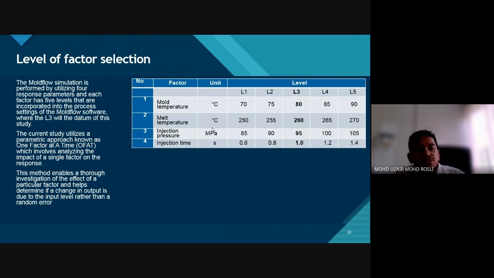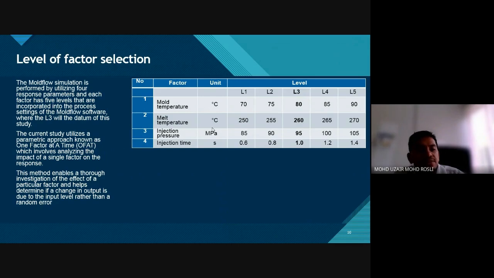So this study will use the method known as OFAT, one factor at a time, which involves analyzing the impact of a single factor on the response.